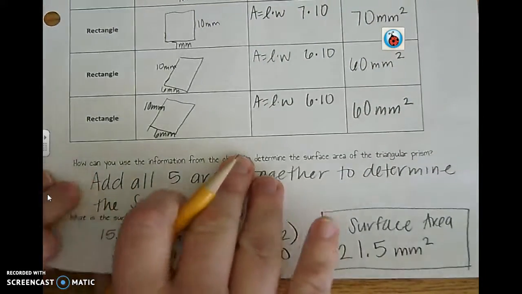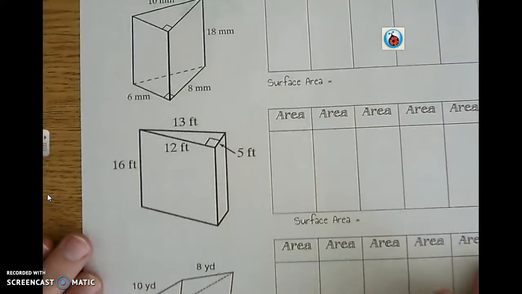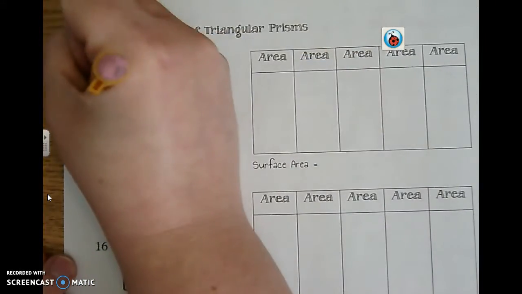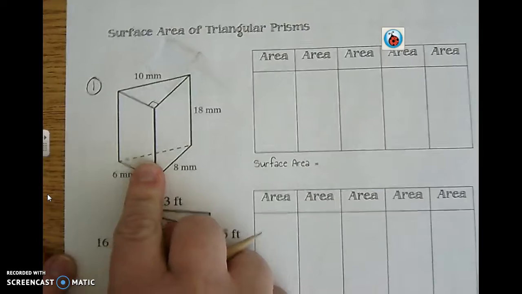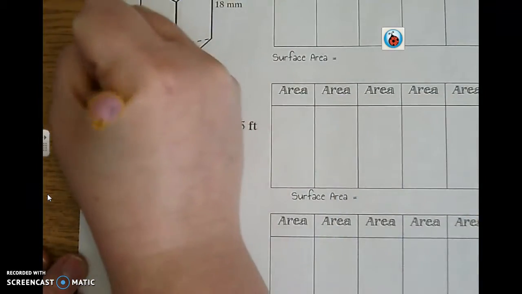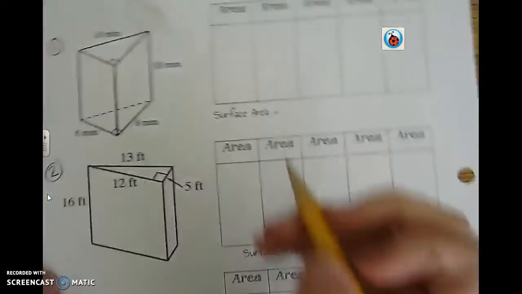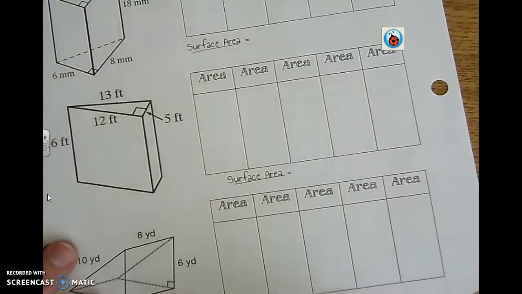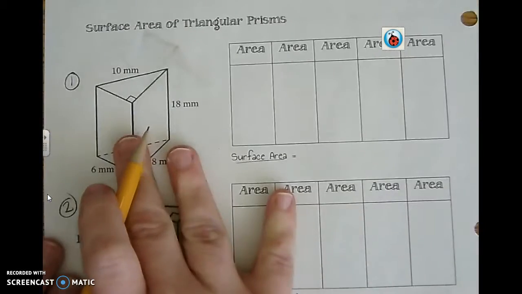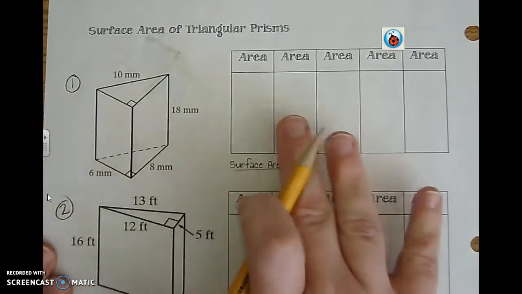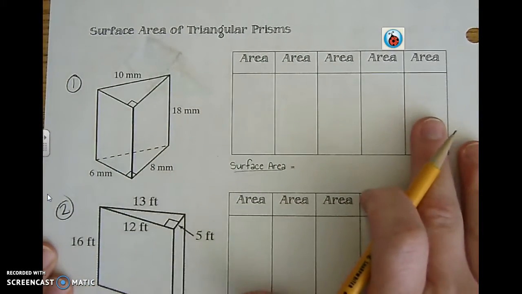So what you're going to do now is flip to the other side, and we're going to label these problems. So this is going to be problem 1, problem 2, and problem 3. So you're going to calculate the surface area of these figures. Notice I've given you 5 boxes.